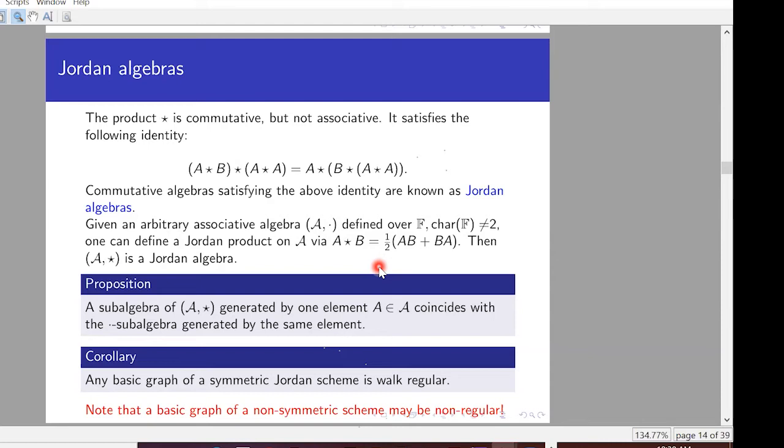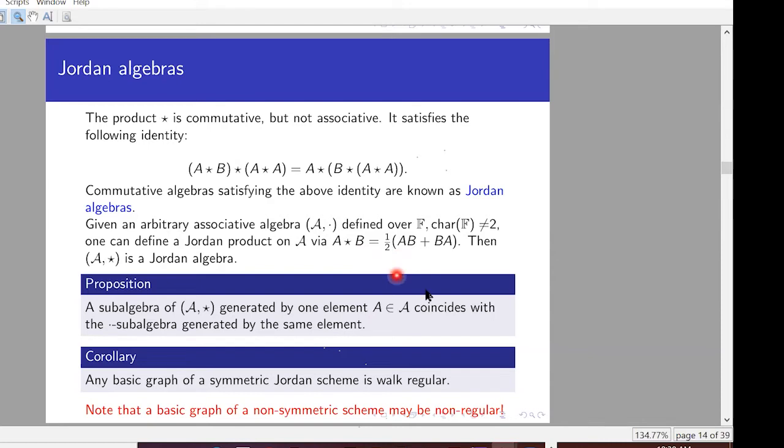So now if you take an associative algebra and define the Jordan product by this formula, you can see that if you take one element and take its Jordan square, it's the same as the usual square, and the same will be for higher powers.